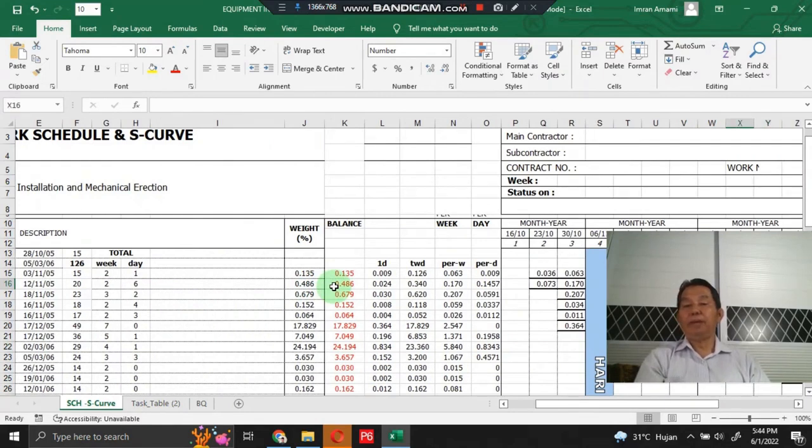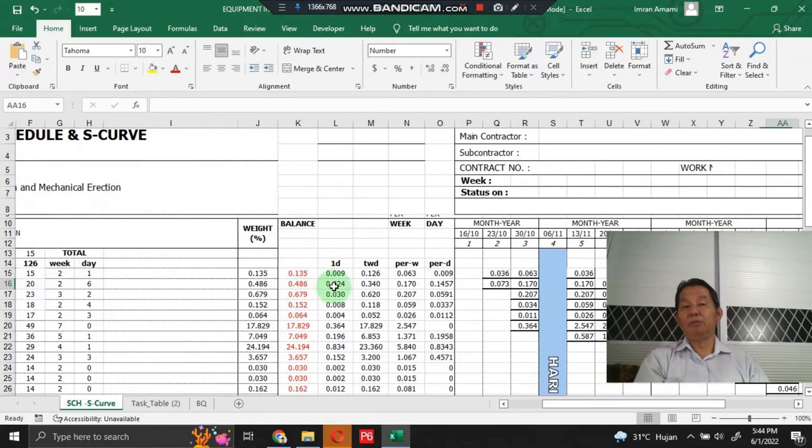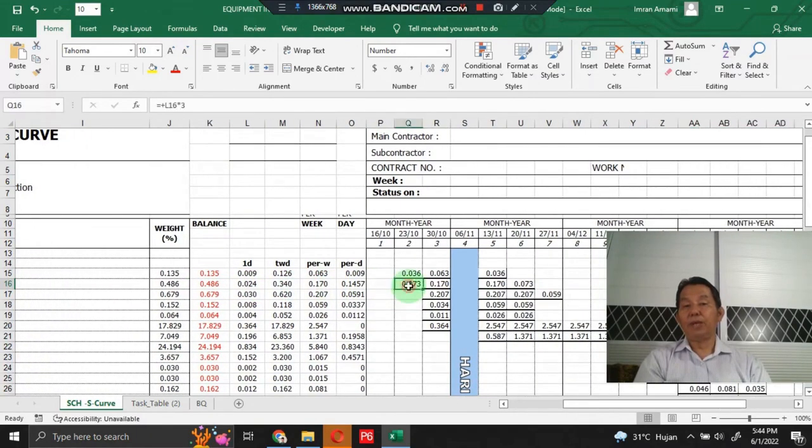We will make a line from week 23:10 till 2011. Next we enter only 3 days here: 1 week here, 1 week here, and the remaining is 3 days here. Same applies also to the other cells in this section.